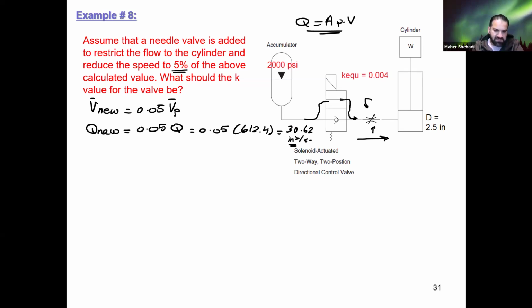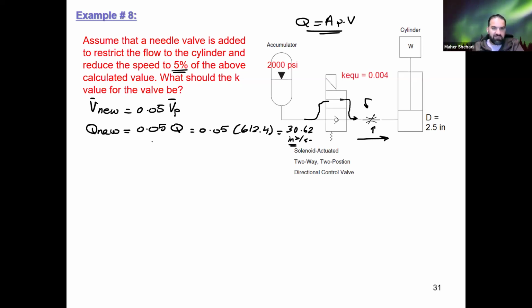So the question becomes, how can we find K for that valve? That's what's needed. So the question becomes, what's delta P? Why?